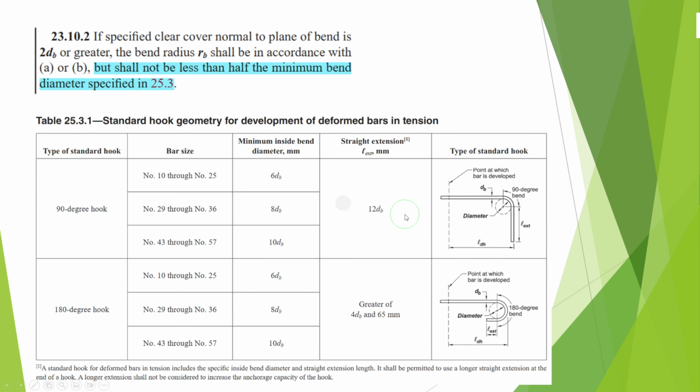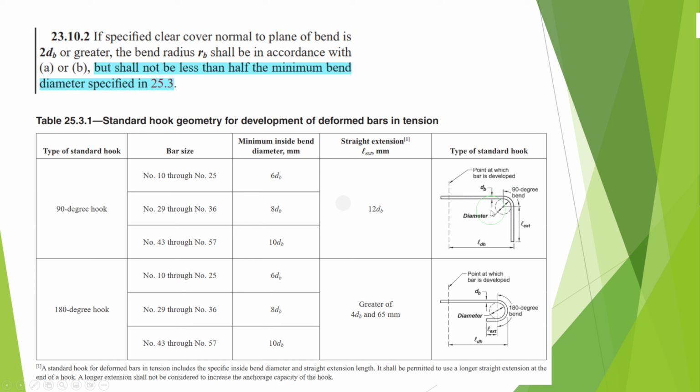If you look at this table, it can be found in chapter 25, table 25.3.1. This table is very important to satisfy the anchorage requirements for the standard hook, 90 degree and 180 degree. If you are using the ACI code, we cannot consider this as one length.